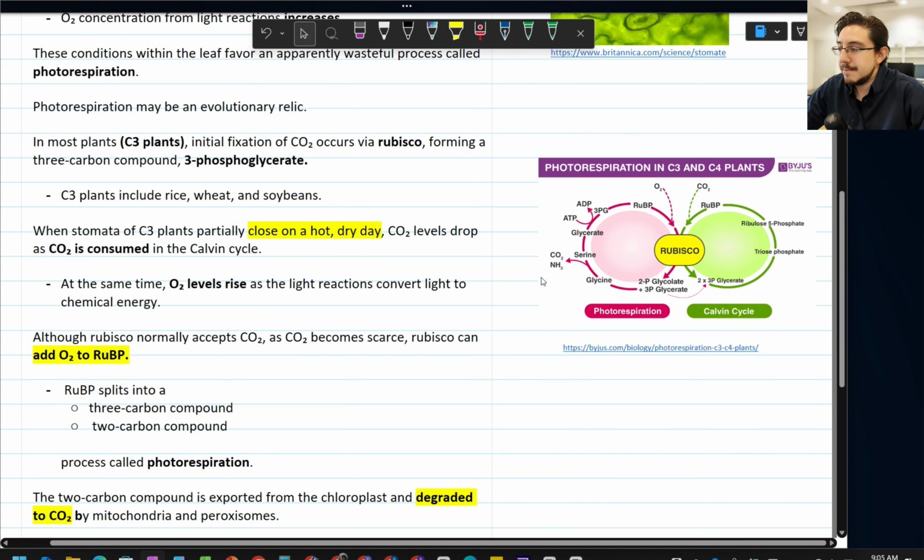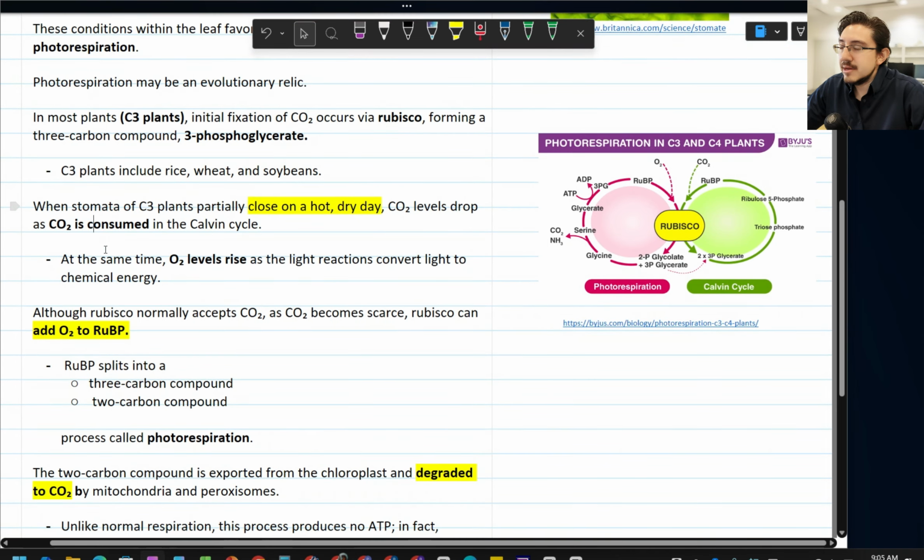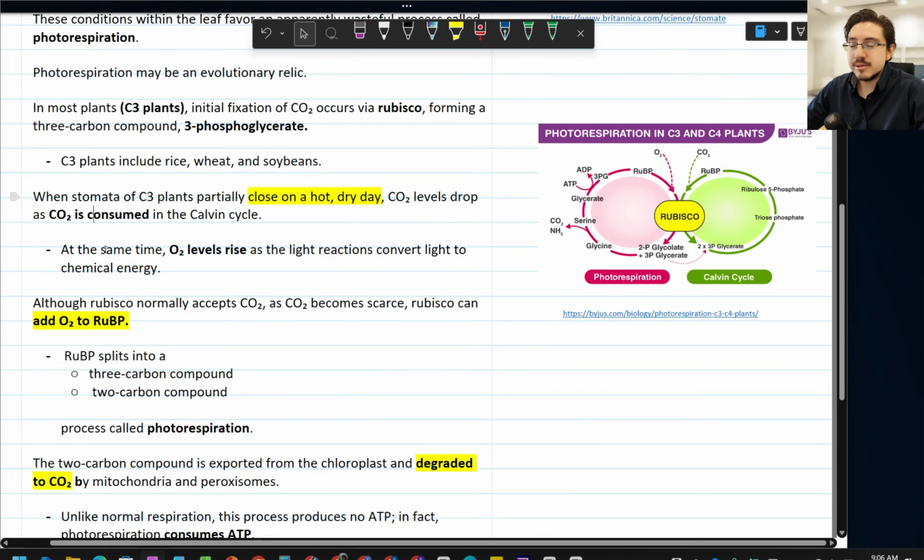These C3 plants include rice, wheat, and soybeans, what we commonly think about.